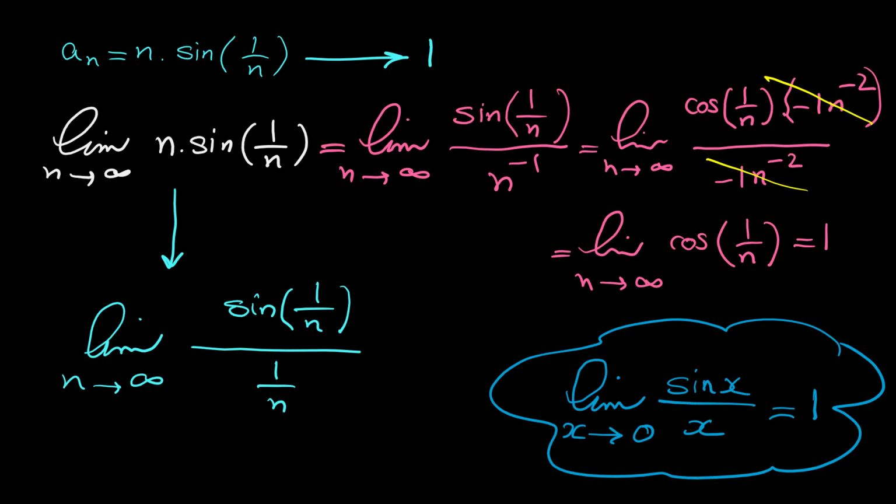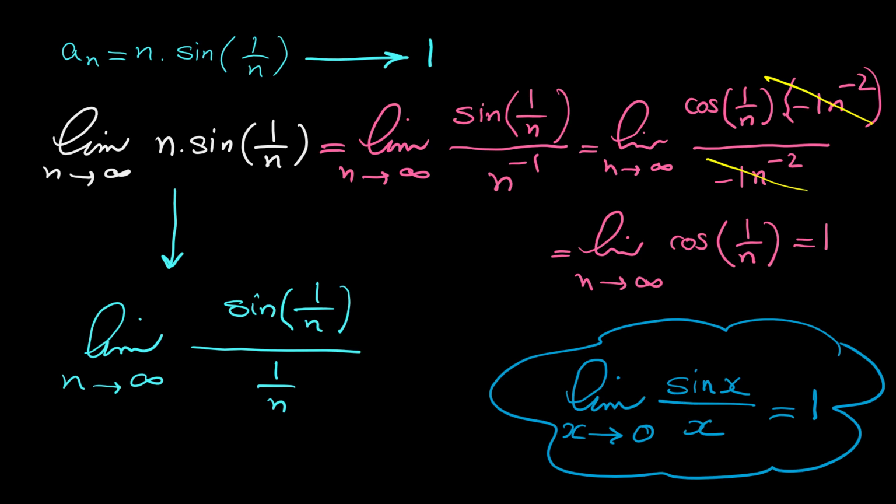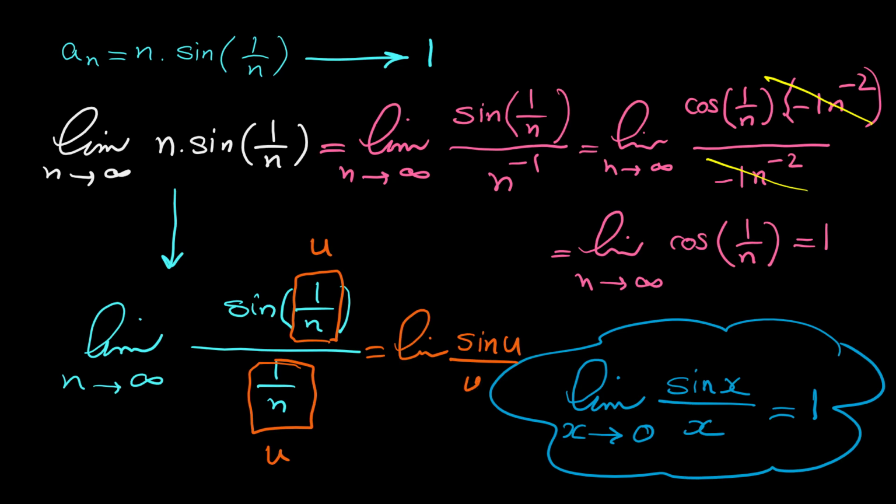But if you prefer to write this and prove it, for finding this limit we can use this relation. Let me show you how you can do that. Please pay attention. I am going to name this expression in the bracket, basically like a substitution. I am going to name this u, for example. So this limit is the limit of sine of u over u as n approaches infinity.